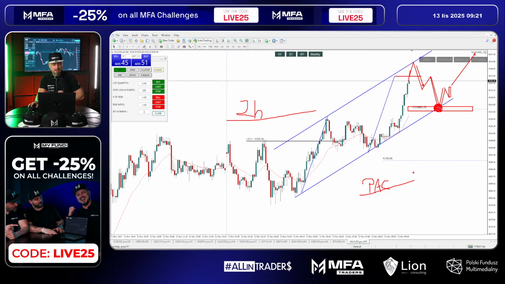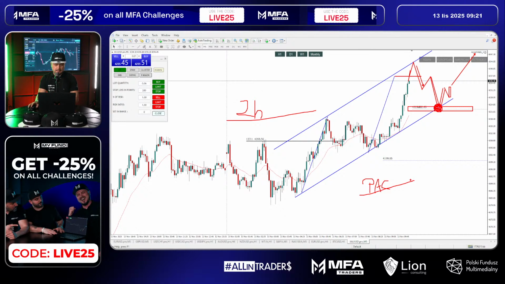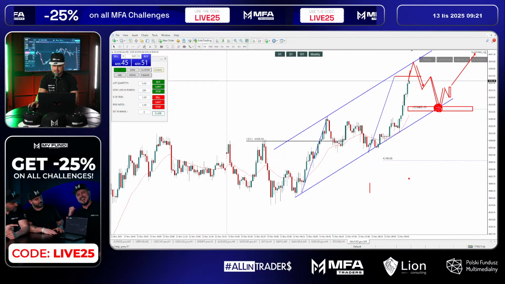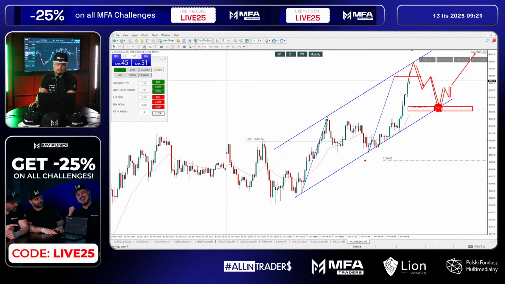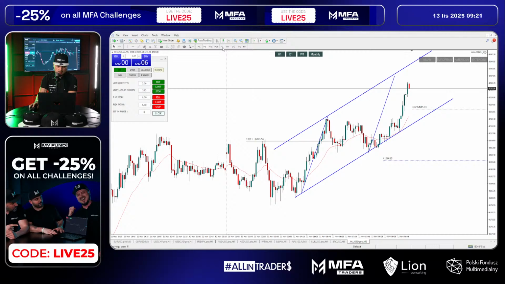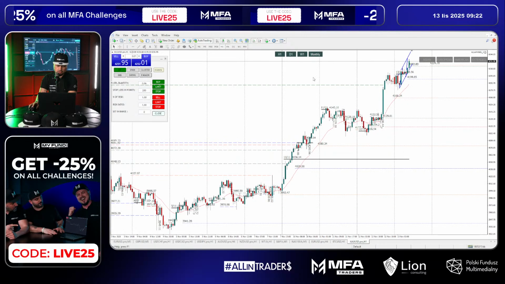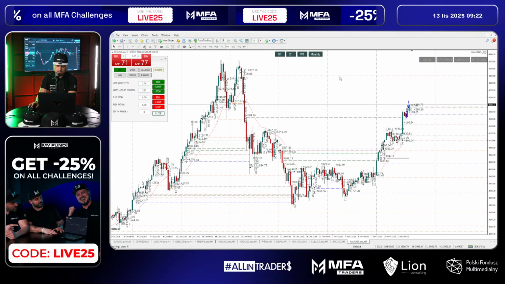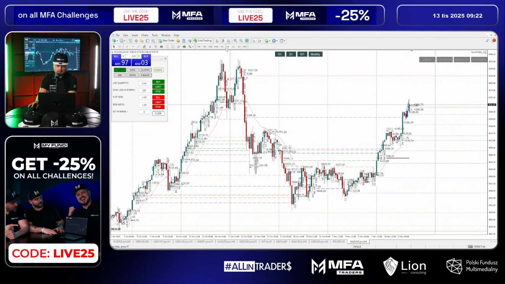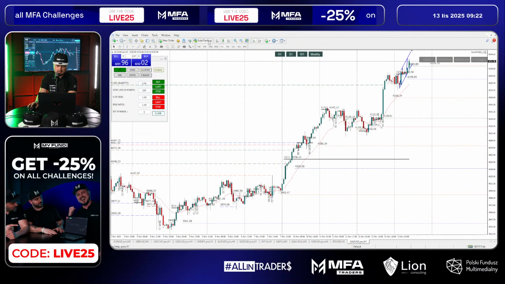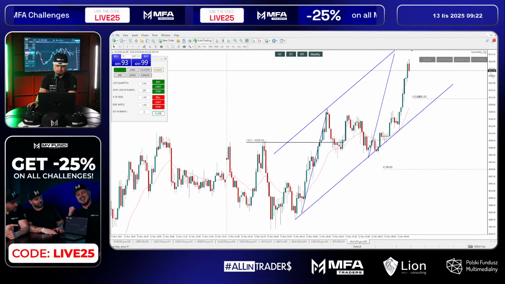But this setup might be quite nice on gold, to be honest. Yes, it can be nice.